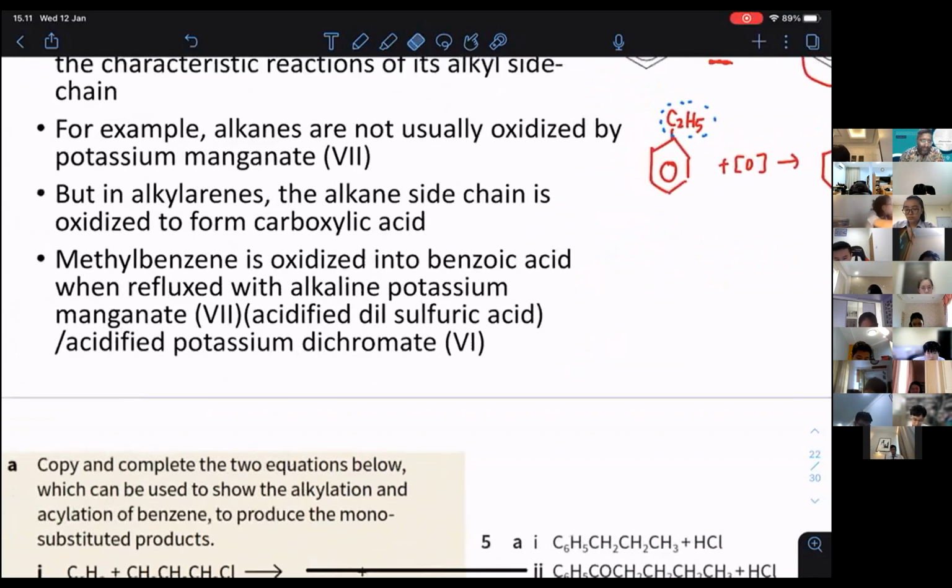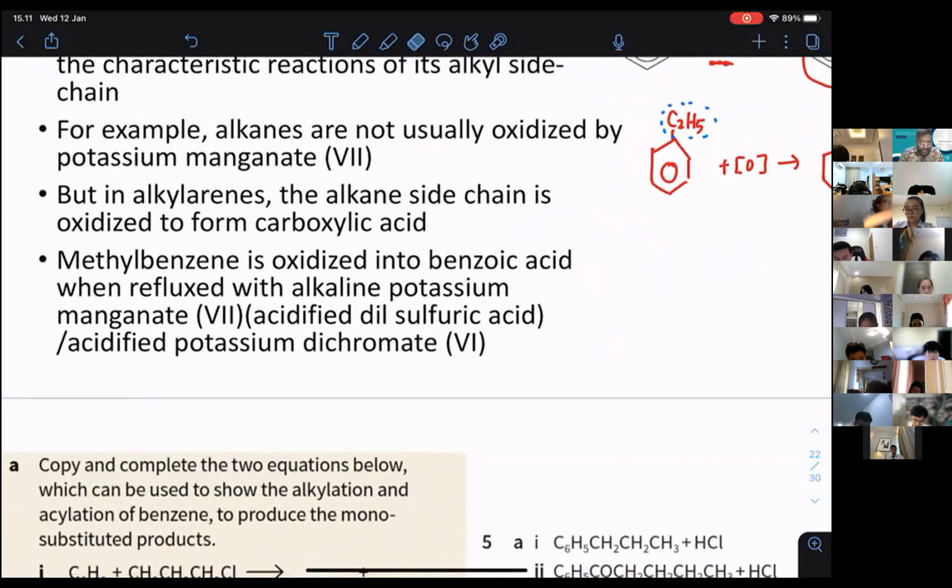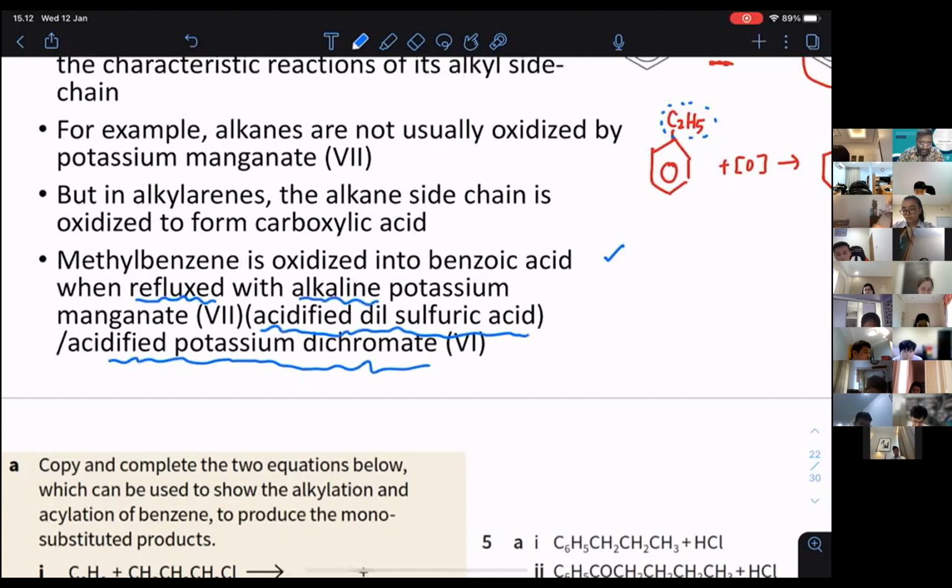Generally alkanes don't get oxidized, but alkyl arenes do oxidize to become carboxylic acid. They say methyl benzene is oxidized under reflux with alkaline potassium manganate, and then acidified with dilute sulfuric acid, or it can also be done with acidified potassium dichromate.